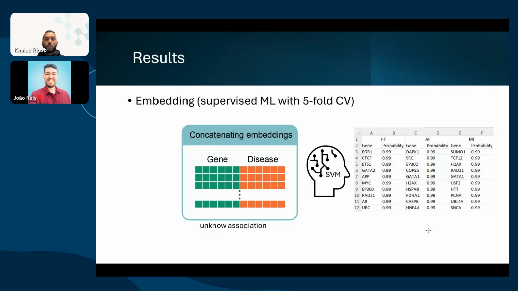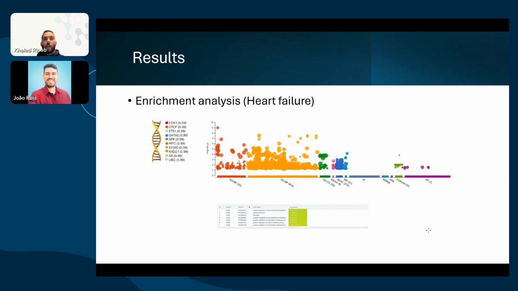Since the support vector machine obtained the highest performance, we selected that model to predict the unknown association between the gene and the disease for the three cardiovascular diseases. We used the top 10 predicted genes for each disease to do the enrichment analysis. I will start with heart failure.